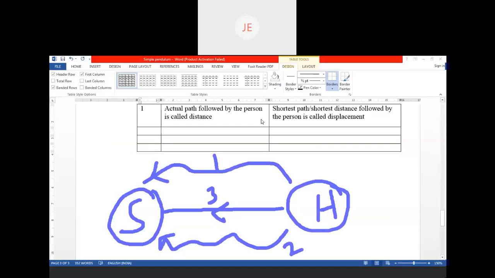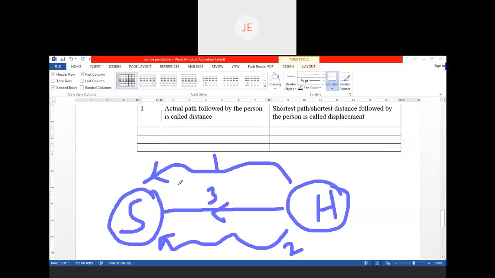For example, you are traveling from home to your school. H for home, S for school. So you can go in different paths from home to school. There are some shortcuts, there are some long paths, there are some highway road paths, there are some small street roads also, so there are many paths.